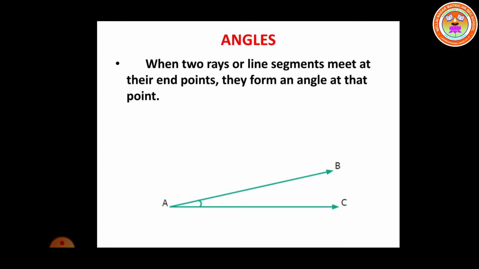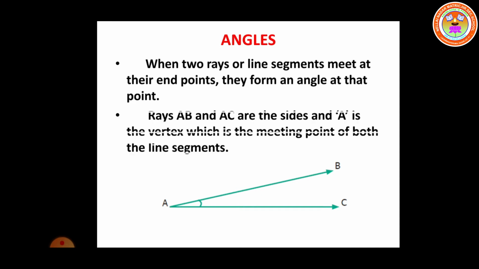Here the two rays, ray AB and ray AC, are the sides. A is the vertex, which is the meeting point of both the rays or line segments.